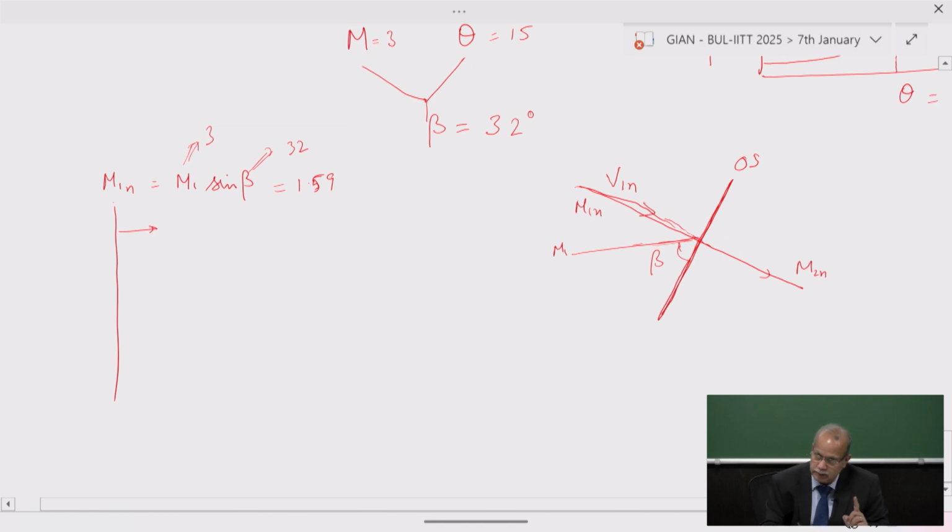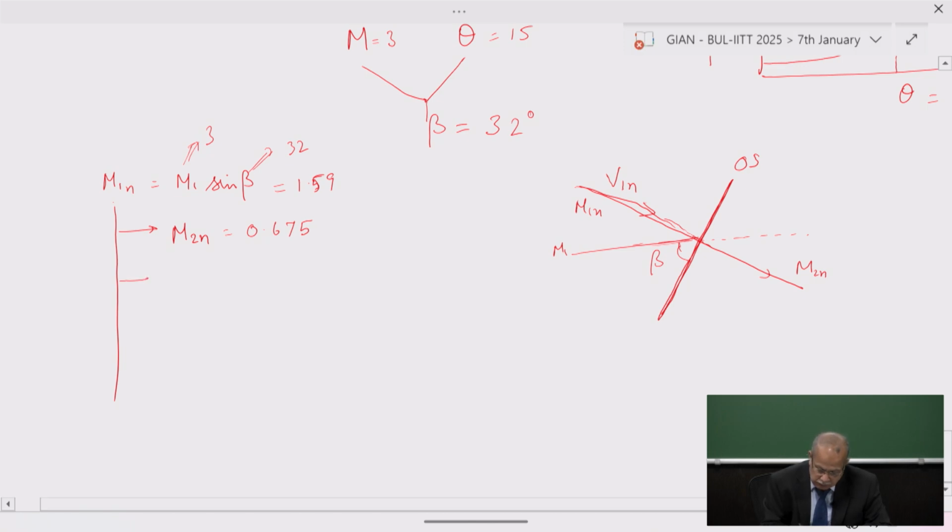That will not be M2, that will be M2n for us. How much you said? 0.675.